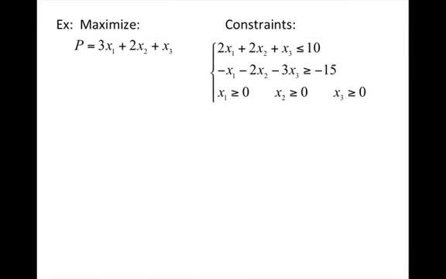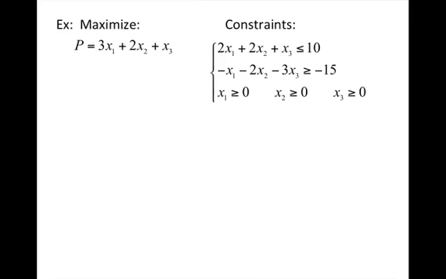In our next example, we want to maximize p equals 3x sub 1 plus 2x sub 2 plus x sub 3. And our constraints are 2x sub 1 plus 2x sub 2 plus x sub 3 is less than or equal to 10. Negative x sub 1 minus 2x sub 2 minus 3x sub 3 is greater than or equal to negative 15.